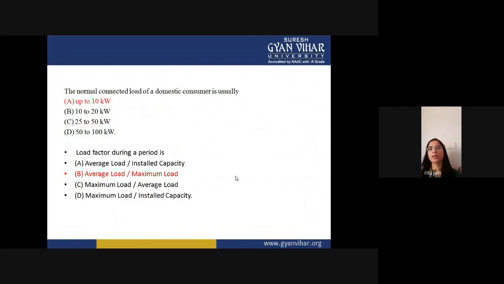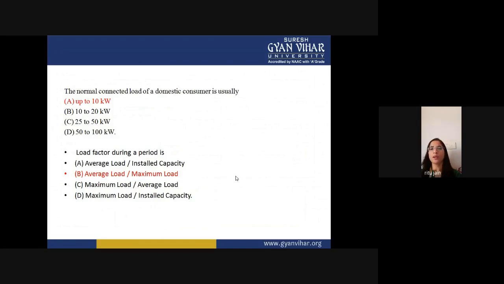The normal connected load of a domestic consumer is usually up to 10 kilowatt, 10 to 20 kilowatt, 25 to 50 kilowatt, or 50 to 100 kilowatt. So the normally connected load for domestic purpose is only up to 10 kilowatt.